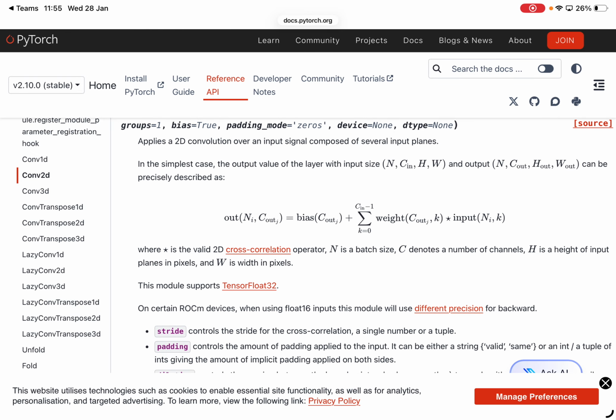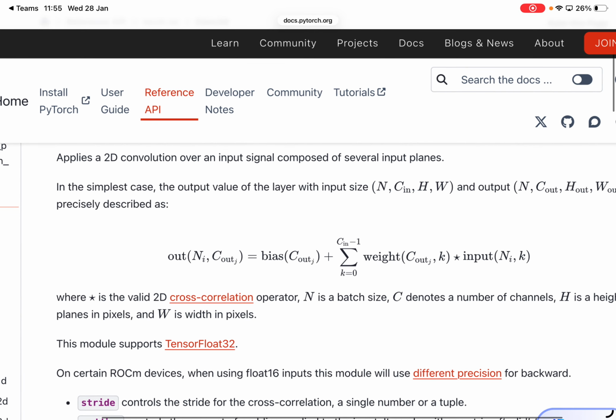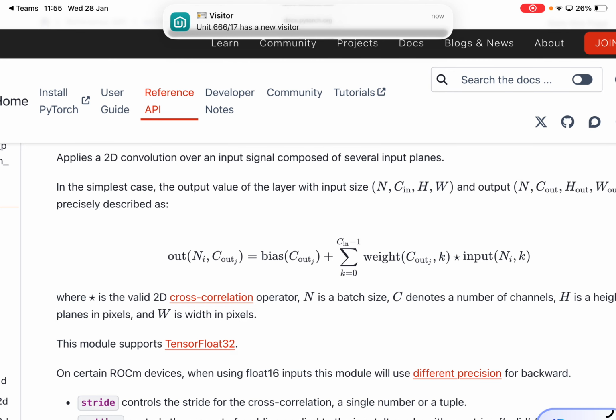So that's how the convolution is defined. It depends on how many output channels you specify. The more output channels you specify, the more outputs you will get. So that's what it is.